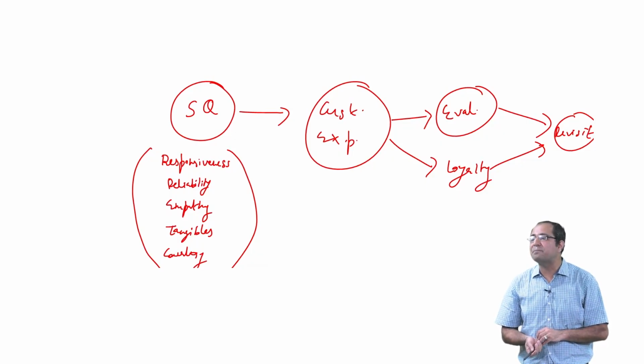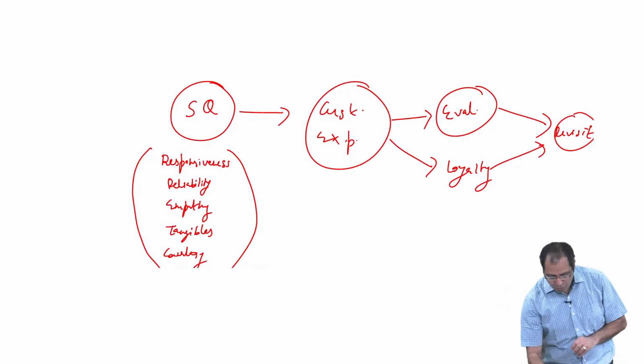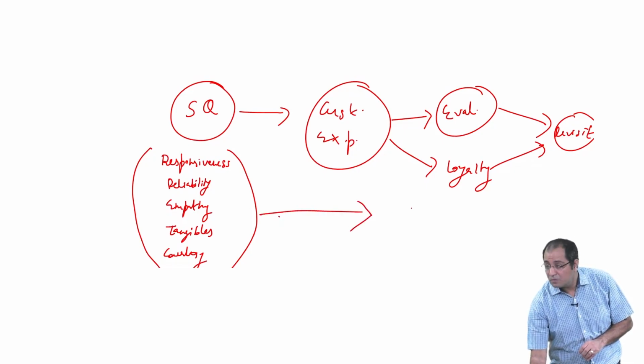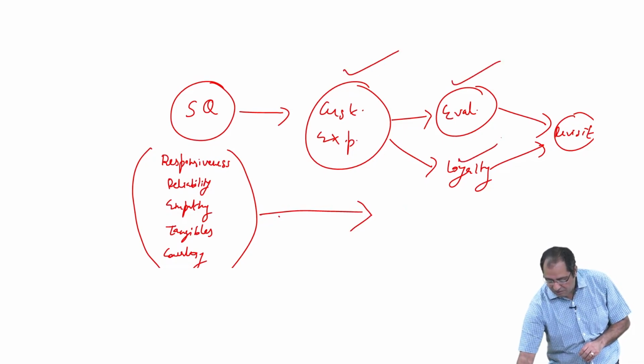And if you have to explain patronage, then these are the independent variables, and the dependent variable will be either this or this or this or this.